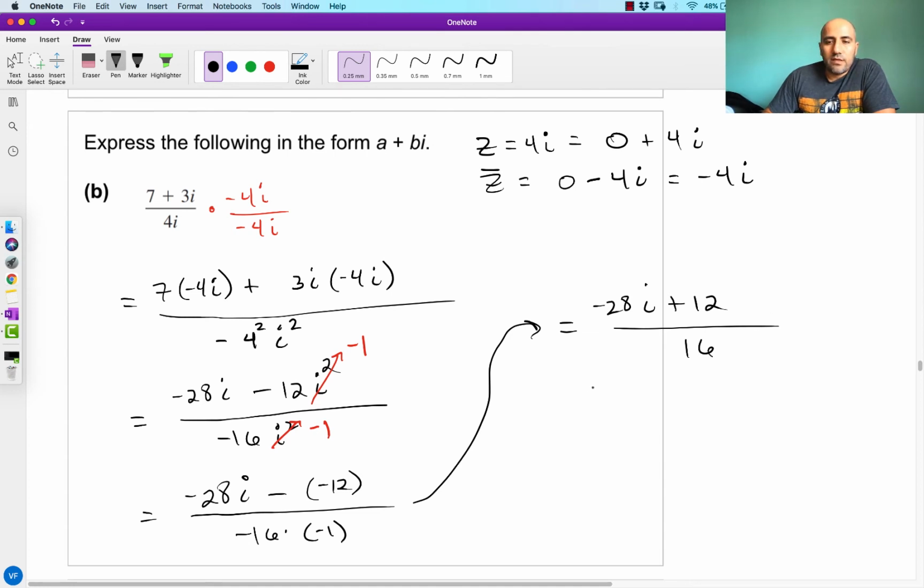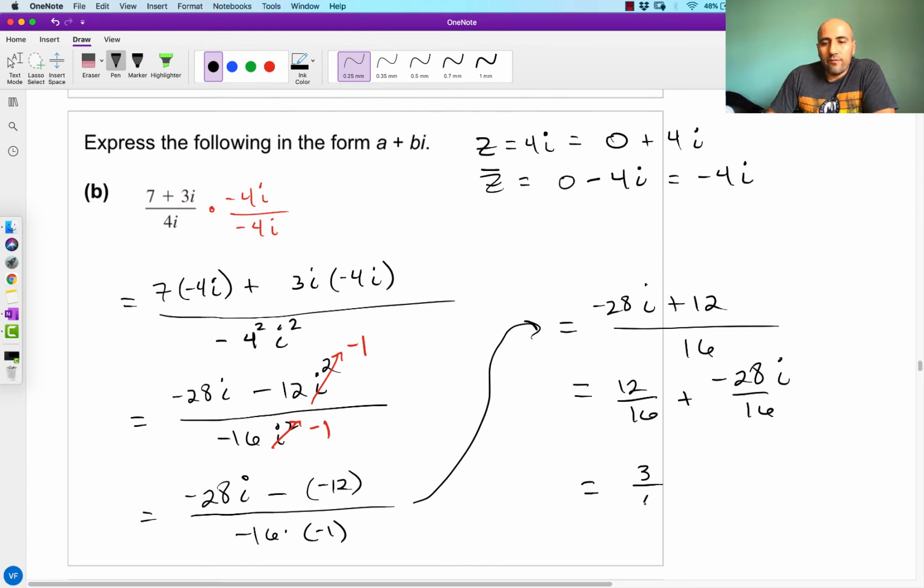And so just moving things around a little bit, I end up with 12 divided by 16 plus negative 28i divided by 16, which can then reduce. 4 goes into 16 4 times. 4 goes into 12 3.